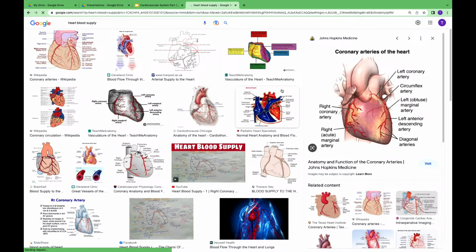So in the answers, we're having these ones: the anterior intraventricular artery, right conus artery, posterior intraventricular artery, and left conus artery. Guys, what's the intraventricular artery?